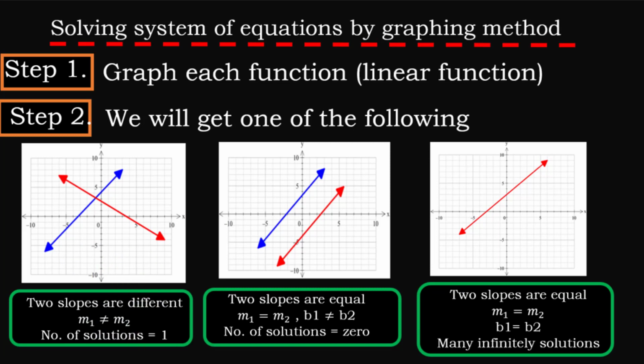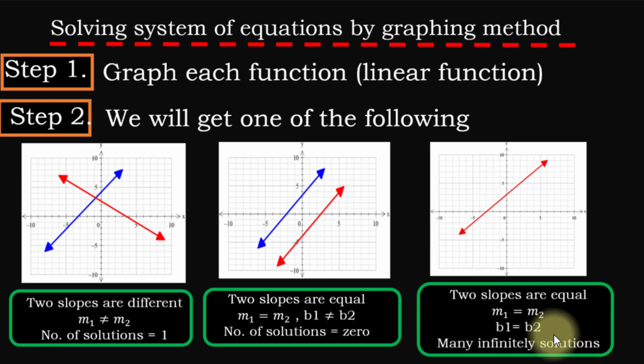If the two slopes are equal, maybe we have no solution, where the number of solutions will be 0, or we have infinitely many solutions.